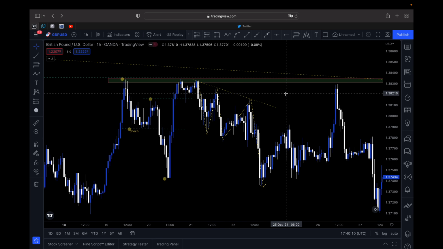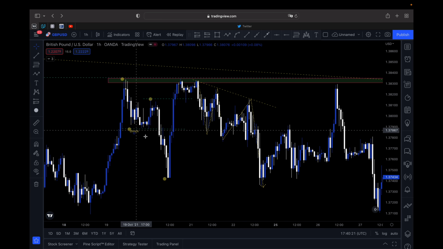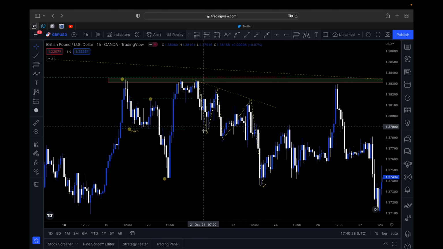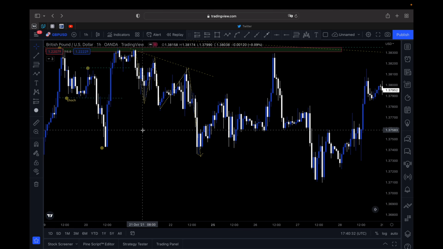It can also be traded, but for scalping or day trading, not swing, because if you had entered here for a swing, you would have lost, since the market was not moving in one direction. It was ranging from here to here. You can see the range levels here.